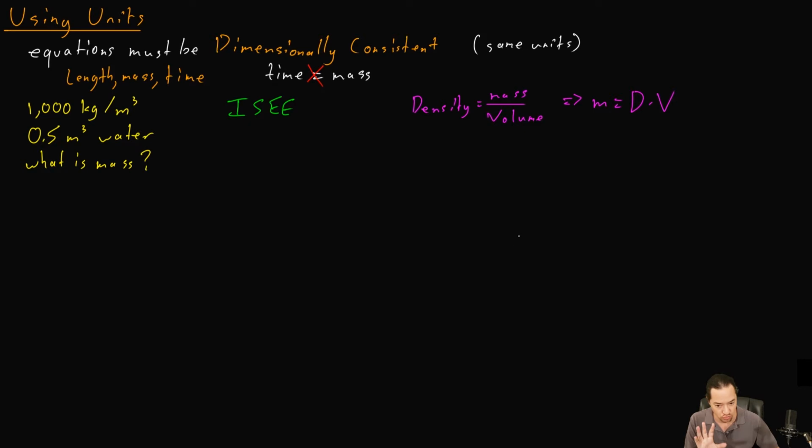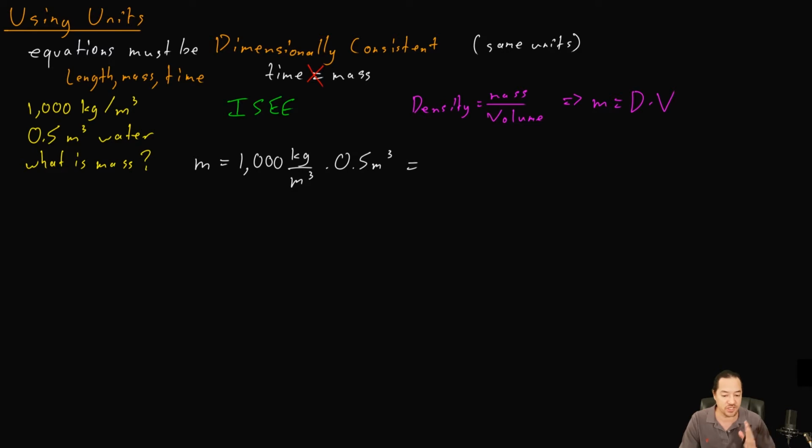So let's run with that and set up this equation. The mass of the water is equal to the density of the water, which is 1,000 kilograms per meter cubed, multiplied by the volume of water, which is 0.5 meters cubed.